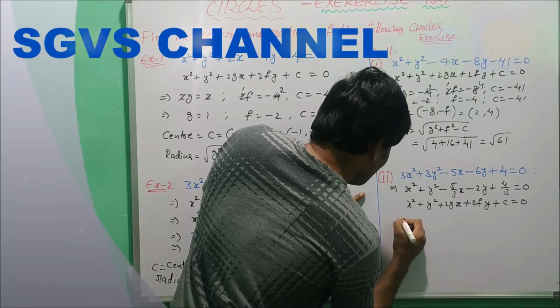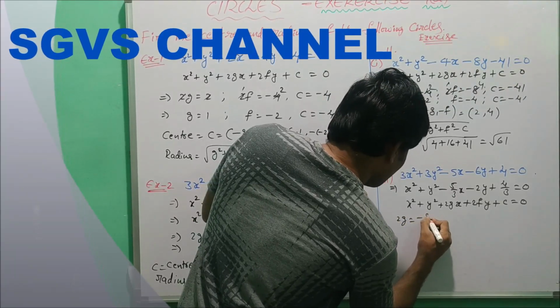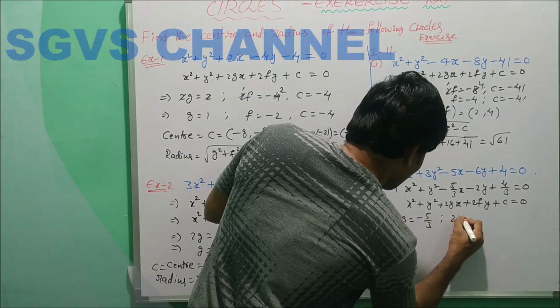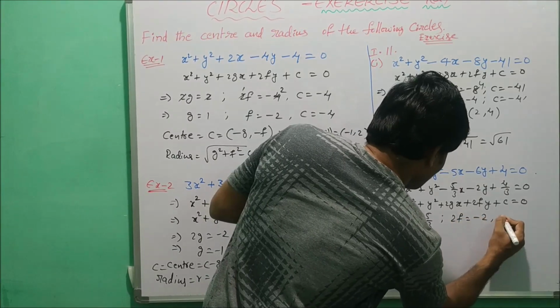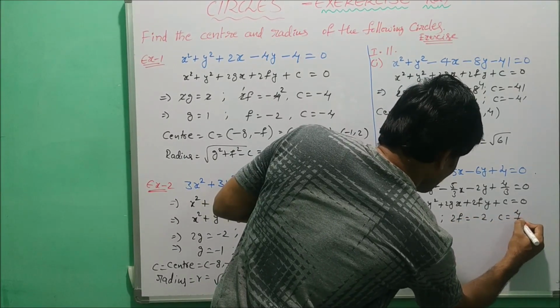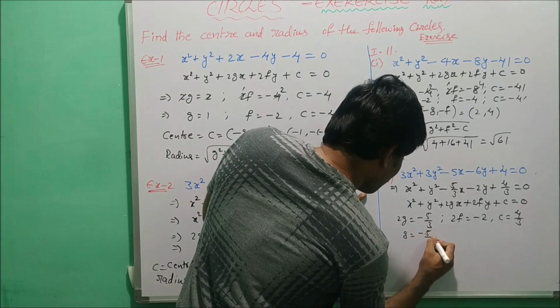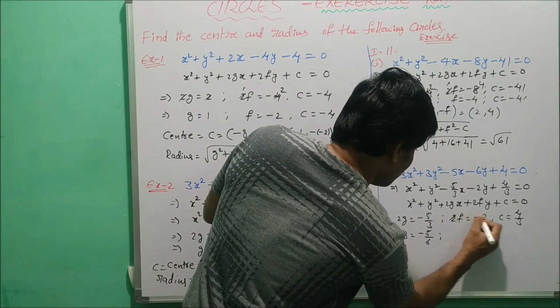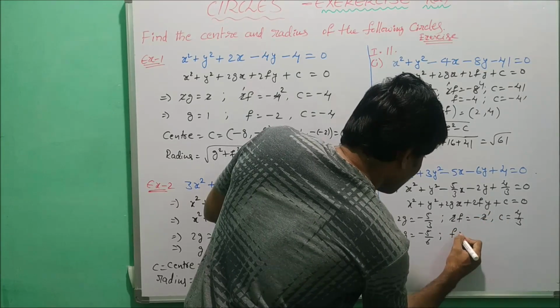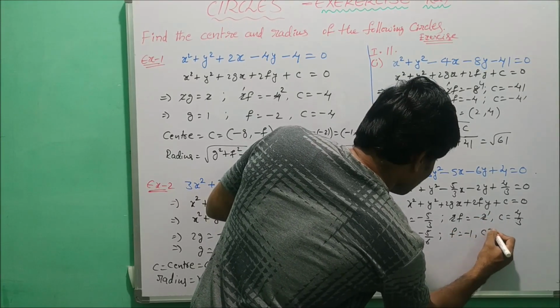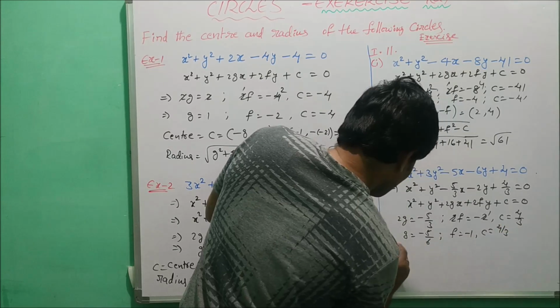In this 2g equals minus 5 by 3, 2f equals minus 2, c equals 4 by 3. Now here g equals minus 5 by 6, f equals minus 1, c equals 4 by 3.